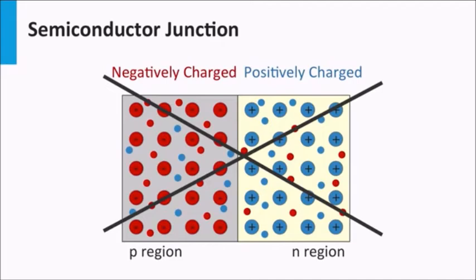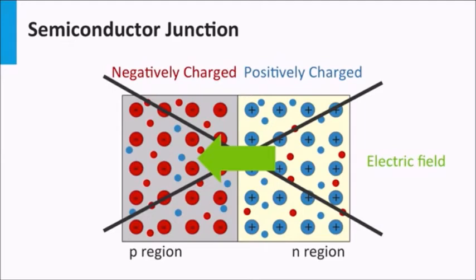Although there are just as many holes as electrons, there are still many fixed negatively charged acceptor atoms in the background. The other way around, the n region is heavily positively charged. Although there are just as many holes as electrons, there are still many fixed positively charged donor atoms in the background. So this charge will create a strong electric field from the n region to the p region.